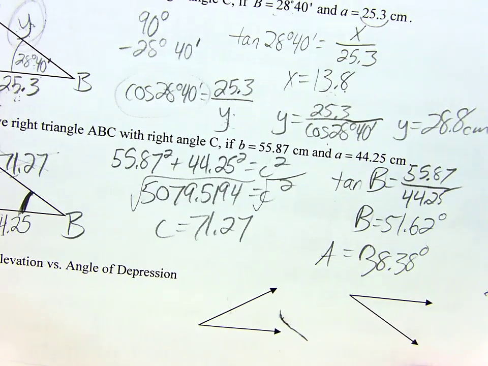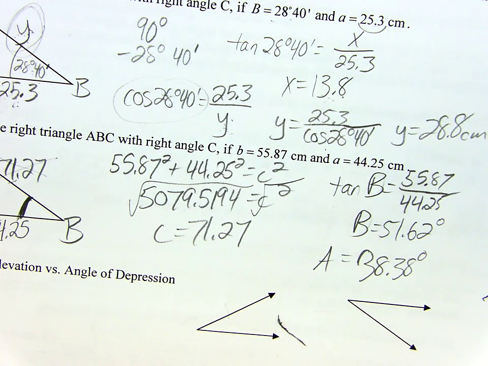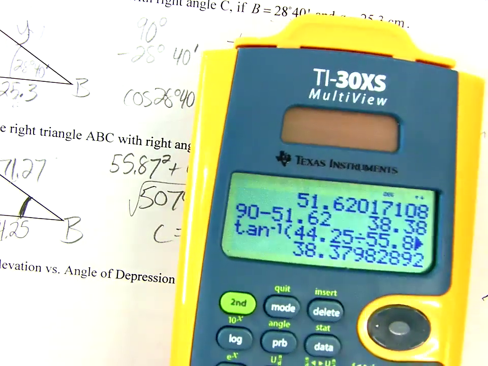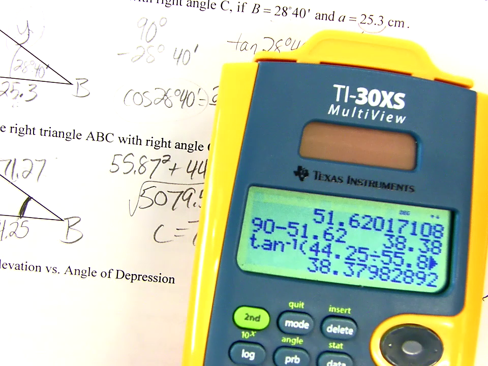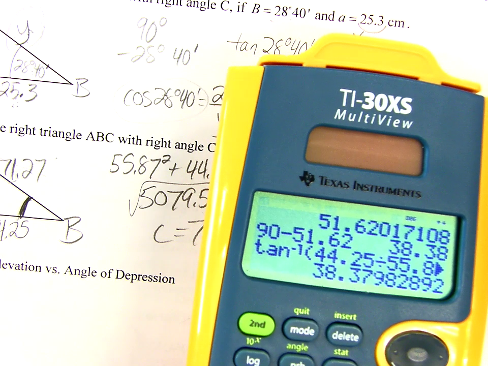But if I wanted to double check myself, I could do second tangent of 44.25 over 55.87. Well, what do you know? 38.38. So now I'm super confident on my value for angle A.